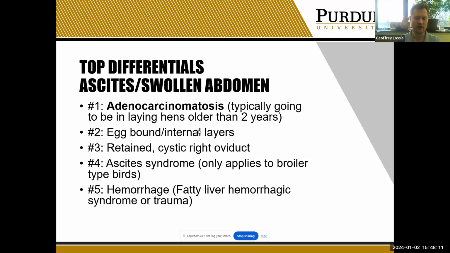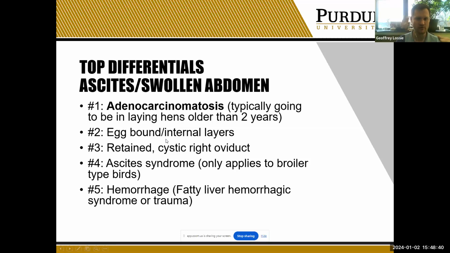Essentially, that term means a wide spreading of metastatic cancer within the body cavity from a glandular tissue. In this case, it is either a tumor of the oviduct or the ovary or the pancreas. And I have some pictures of birds with adenocarcinomatosis coming up.